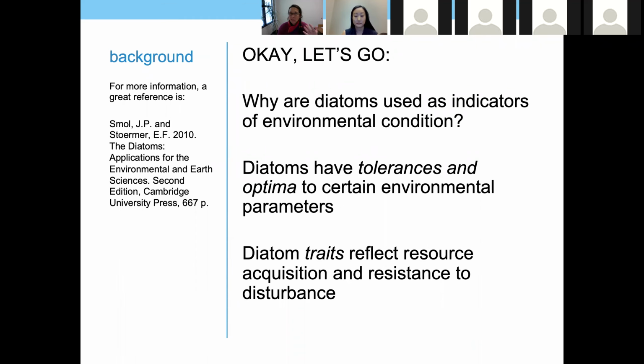And so I'm going to give a little bit of an introduction to diatoms and the way that knowing something about them and their preferences can be really useful in assessment.